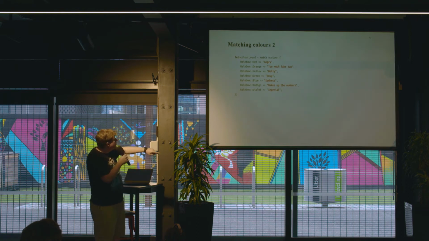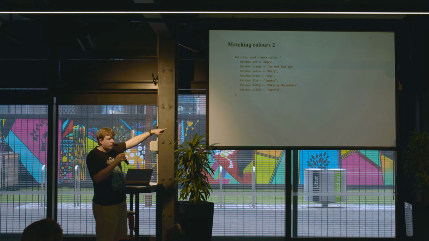The second one, however, is actually assigning to a variable. And so what we're saying is for each given case, we're going to return a string. And so if you're not used to Rust, basically the last expression that you have in your function or whatever is always going to be the return value. And so basically what happens here is this whole thing ends up returning a string.